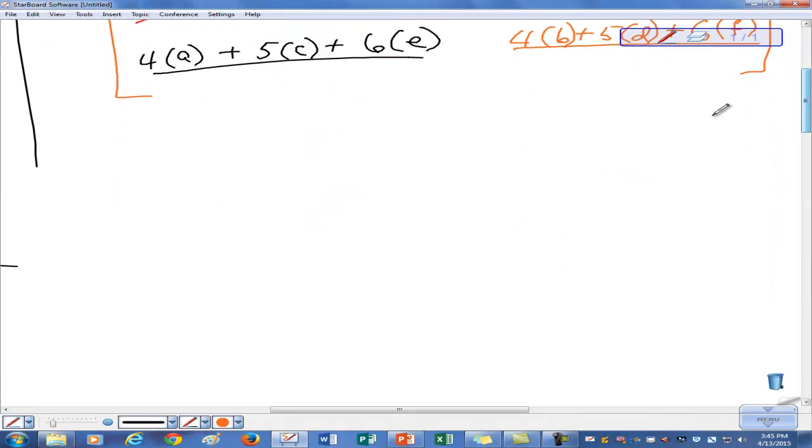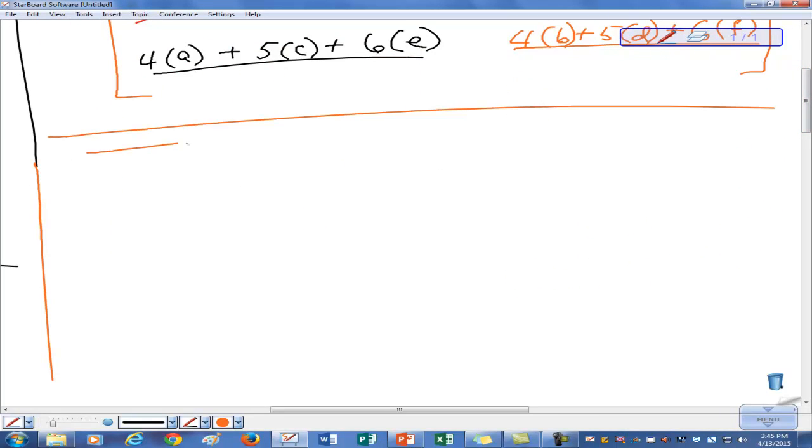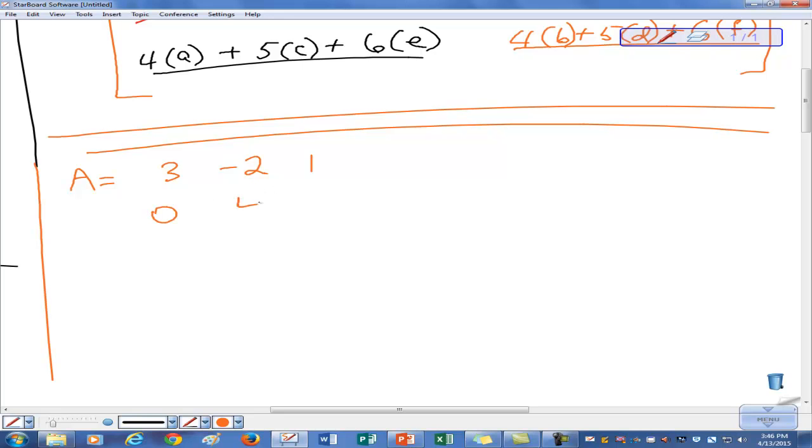Alright, let's try another problem. And let's say we have matrix A, and that has a 3, -2, 1, 0, 4, -1. And matrix B, and so we can say that this is what dimension? You should have said a 2 by 3 dimension.